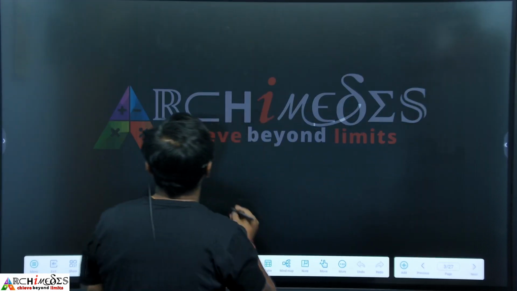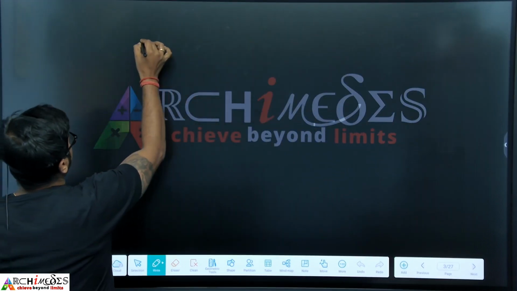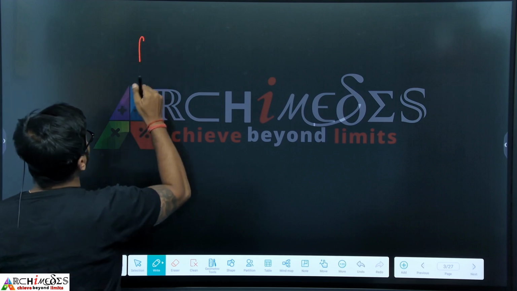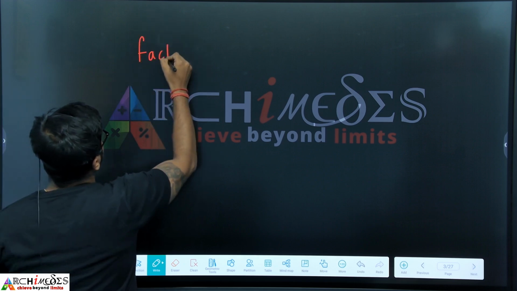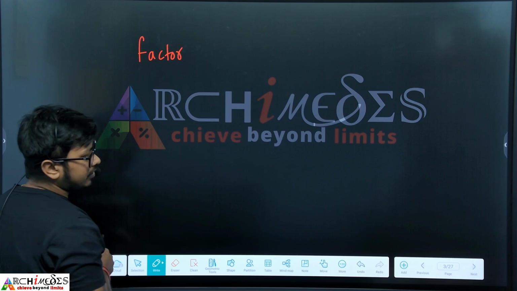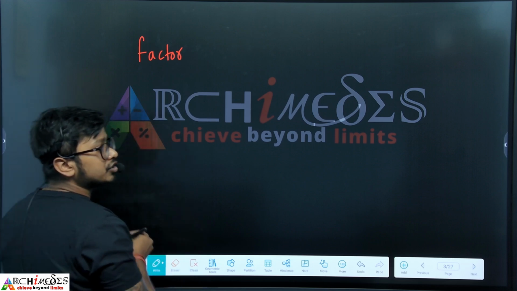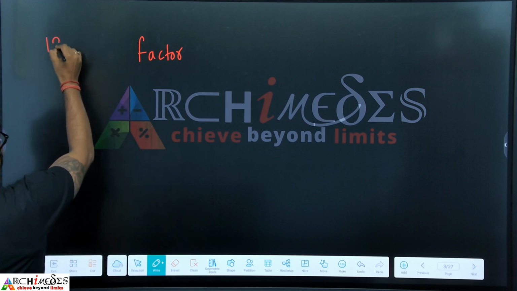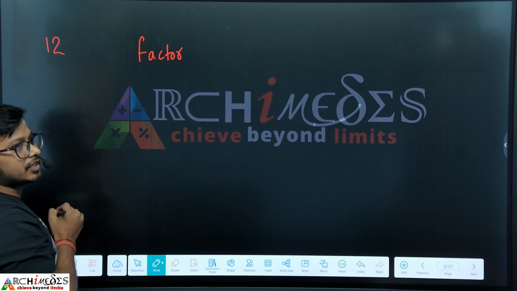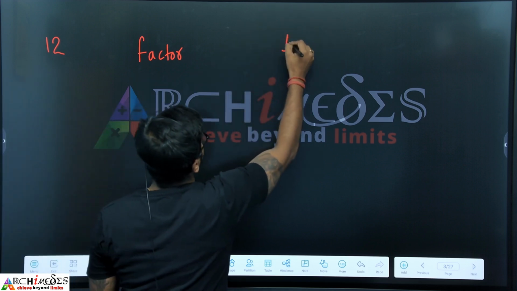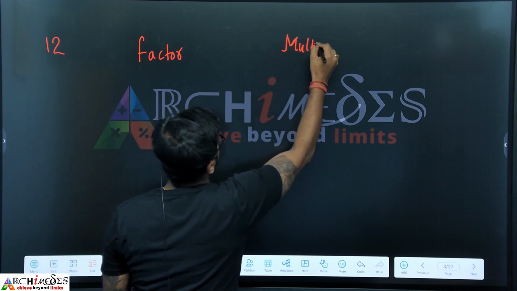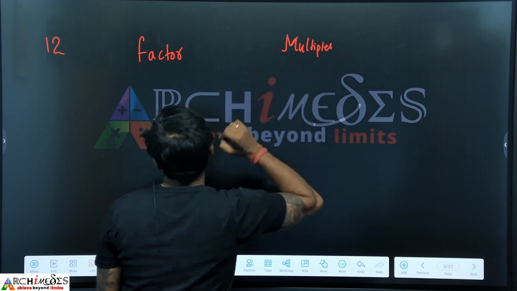Before starting, you should know what factors and multiples are. Suppose I write a number, 12. I am writing the factors and the multiples here because without understanding this, you won't understand HCF and LCM.